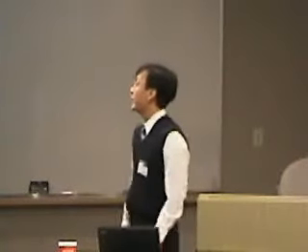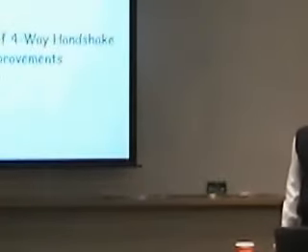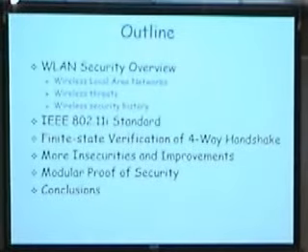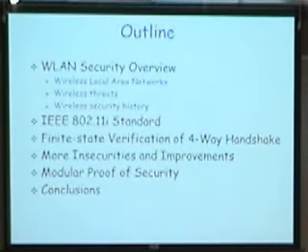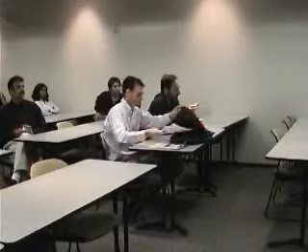My talk will be divided as follows. First, I will give an overview of wireless local area network security. Then I will describe the details of the 802.11i standard. Then our goal is to analyze this standard. We will use finite-state verification to analyze the components. We found some vulnerabilities in the four-way handshake and we propose solutions.